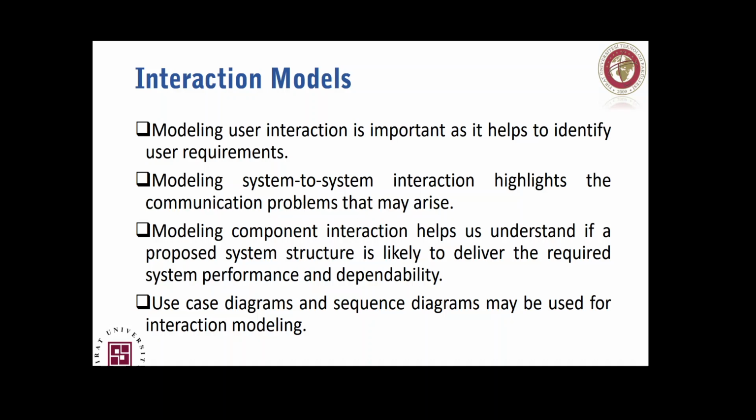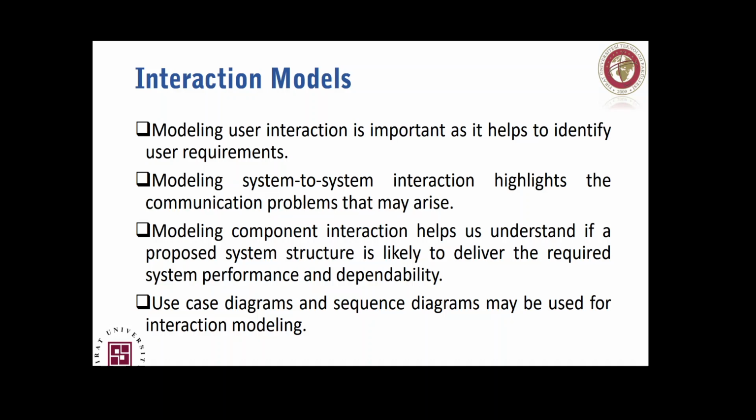Sometimes, if we are speaking about component level, so component to component interaction, we may need to see how our system is actually producing the task that it's supposed to produce.